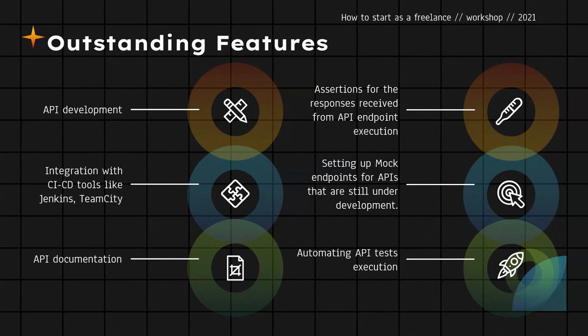But our team has researched some outstanding features of Postman you need to know, such as API development, setting mock endpoints for APIs that are still under development, API documentation, assertions for the response received from API endpoint execution, and integration with CI/CD tools like Jenkins, TeamCity, etc. And the last one is automating API test execution.